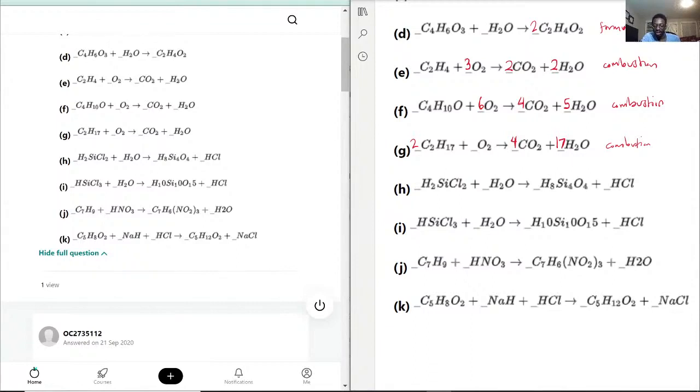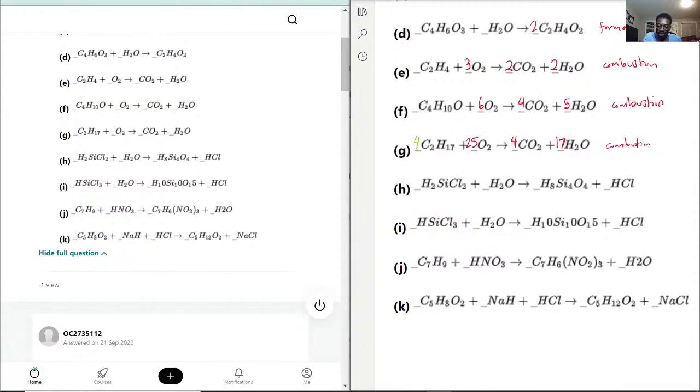17 oxygens, okay, plus 8. So 17 plus 8 is 25. Once again, you can't do 25 over 2. So what you really need to do is now make this 25, yes, but that means everything got doubled to make up for it. So now we have 50 oxygens, okay?